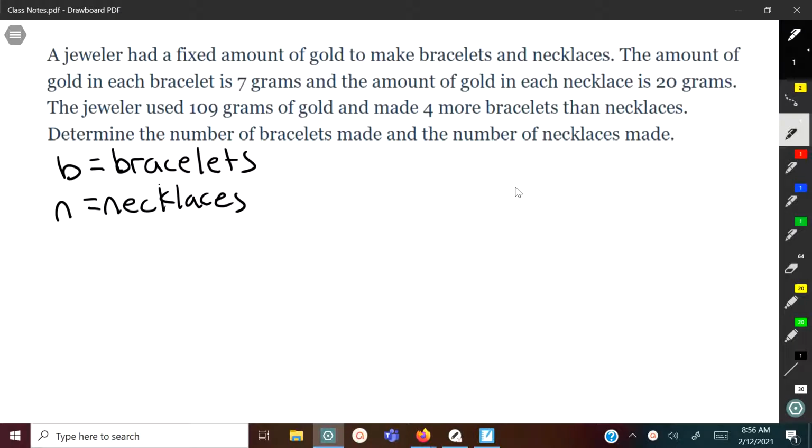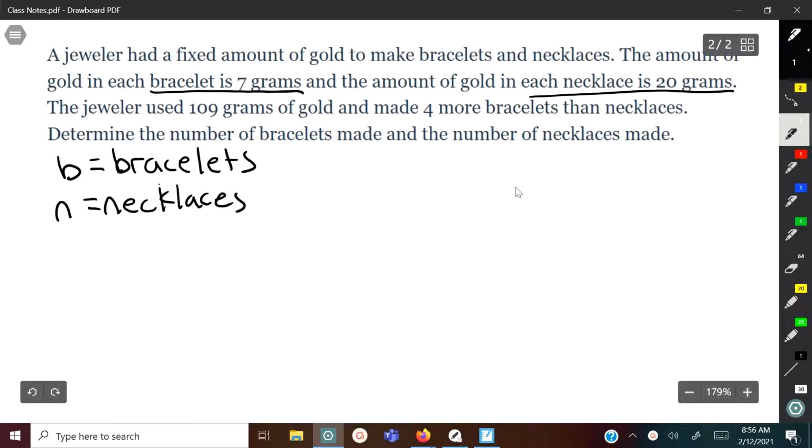The first equation is that each bracelet has 7 grams of gold and each necklace has 20 grams of gold, and then the total is 109 grams of gold.